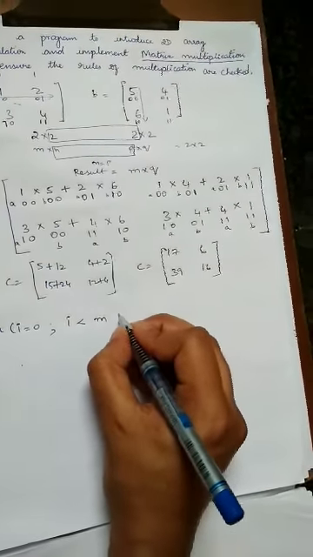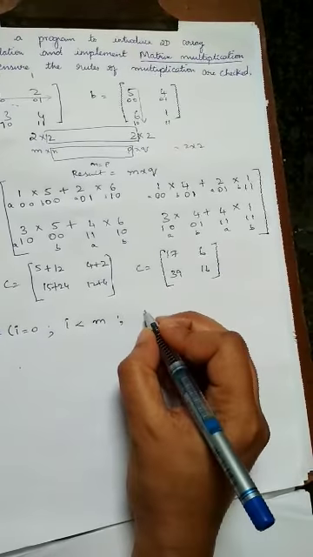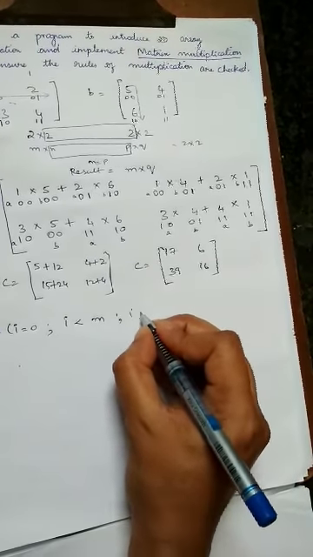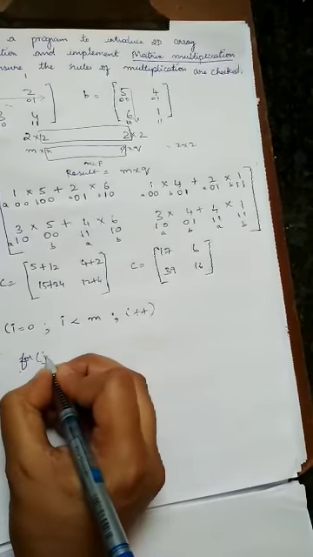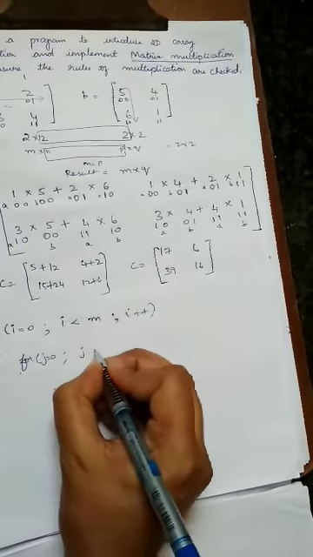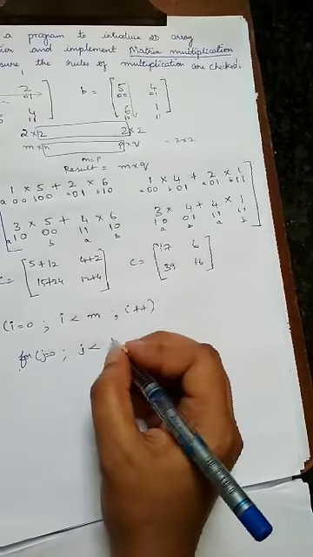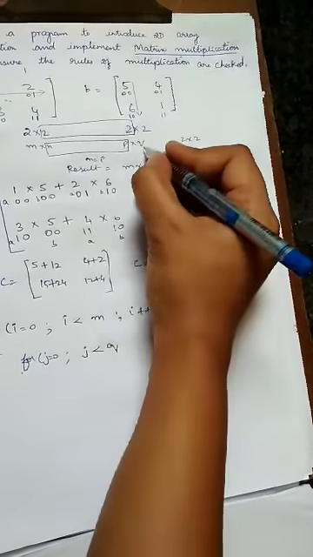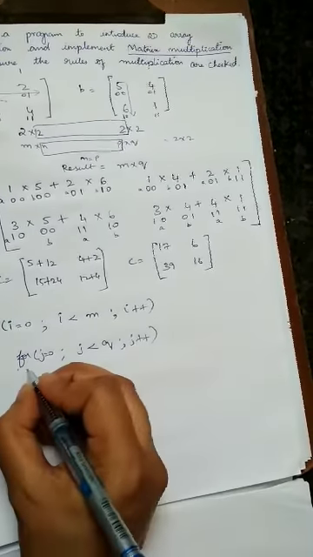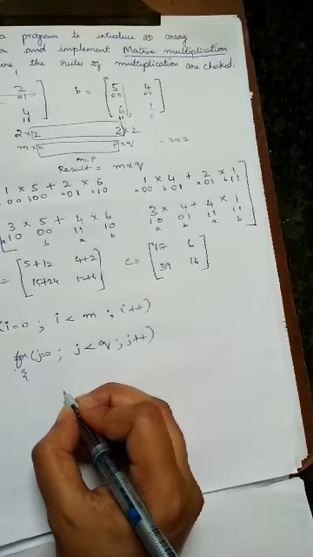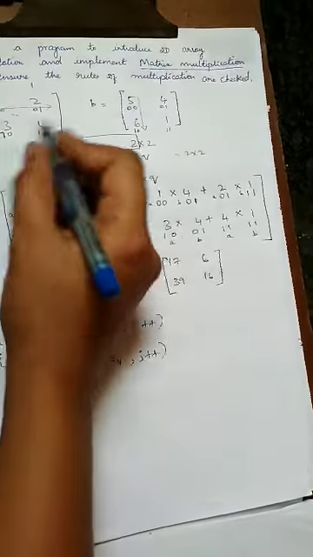Then i plus plus. Okay, one more for loop: for j is equal to 0, j is less than q, j plus plus. Okay, now rows and columns are over.